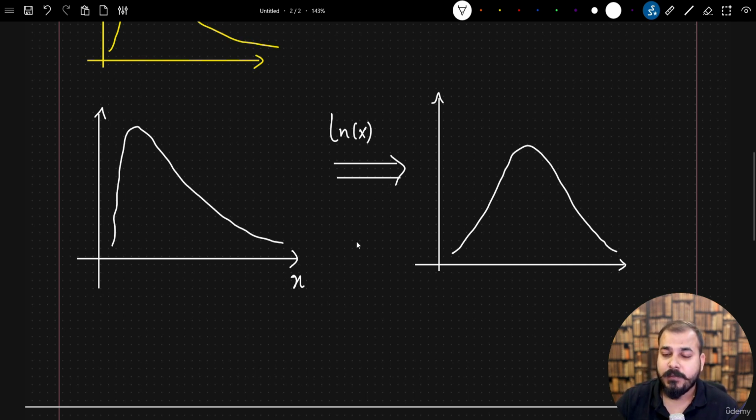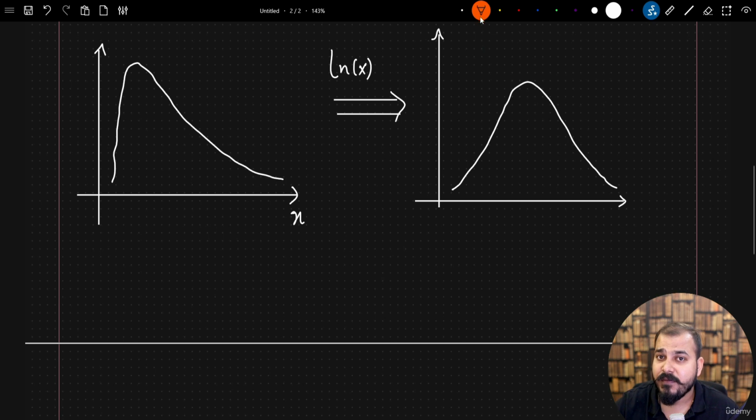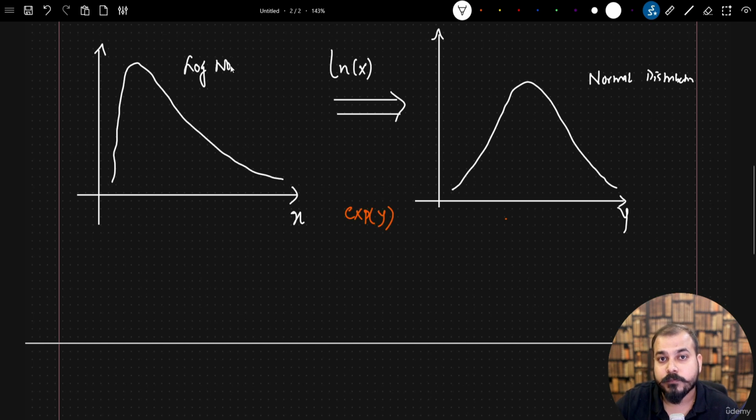And vice versa, if I have this normally distributed y and I apply the exponential of y, then I will get this kind of log normal distribution. So this is the normal distribution, and this is the log normal distribution.